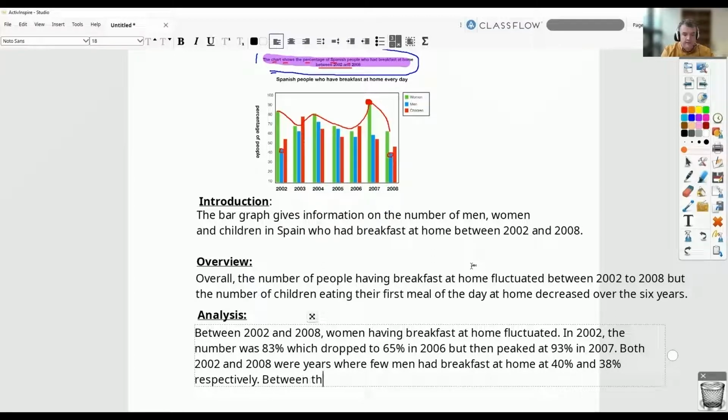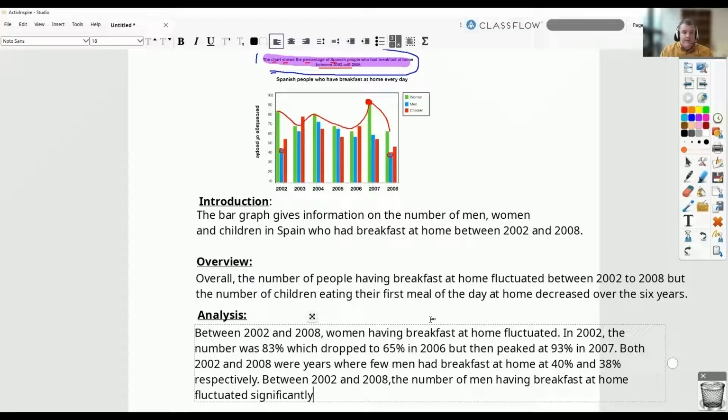Let's say between 2002 and 2008, the number of men having breakfast at home fluctuated significantly, because it does go up and down quite a bit.